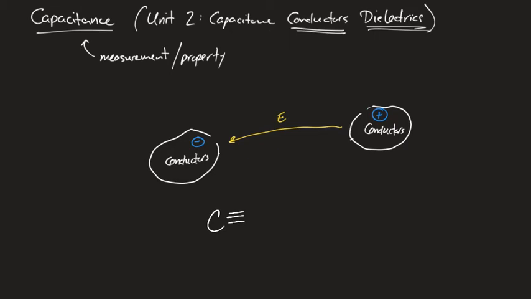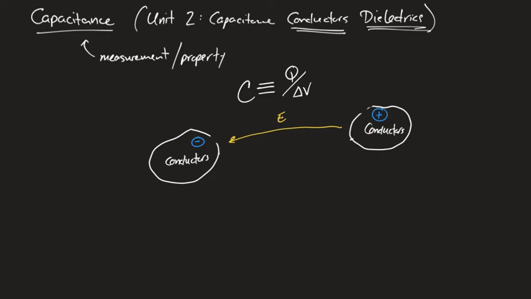This is a definition of capacitance. So 3 lines means defined as. This is a human-created measurement, and we are defining this term as the charge moved per applied potential difference. This is how we will define capacitance, as the charge moved per applied potential difference.